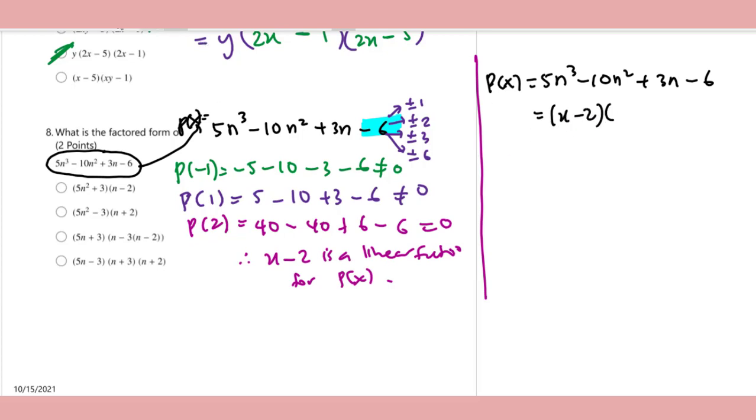Sorry, this is not x, this one is n. So n minus 2 is a linear factor for P(n). The other factor is considered quadratic, so the general form is, I always use n, an squared plus bn plus c.